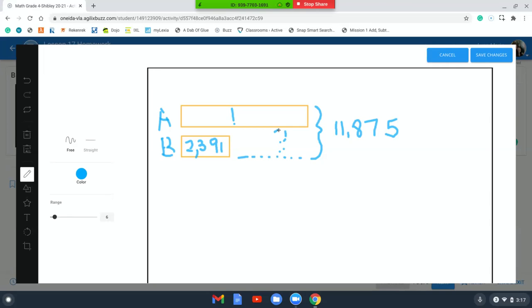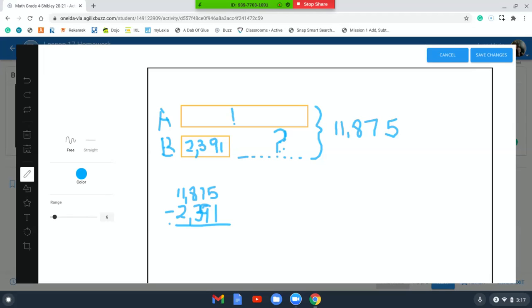We have to figure out how much container A holds so that we can figure out how much bigger it is than container B. So in order to do that, we are going to do 11,875 minus 2,391. Give me just a second to write my numbers in, and I made sure I lined up my place values.